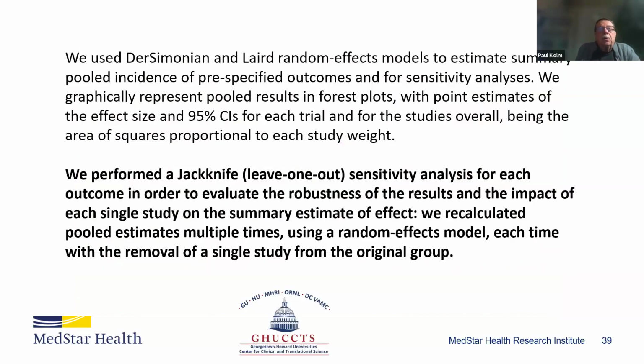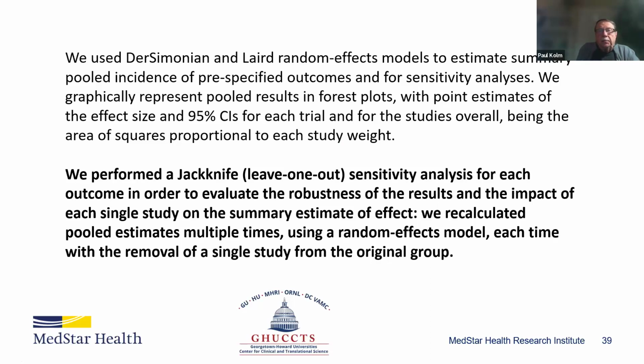So I won't go through all their methods here, but the one I want to point out is that they did a jackknife sensitivity analysis for each of their outcomes. They had several different outcomes to evaluate the results and the impact of each single study on the summary estimate of effect.